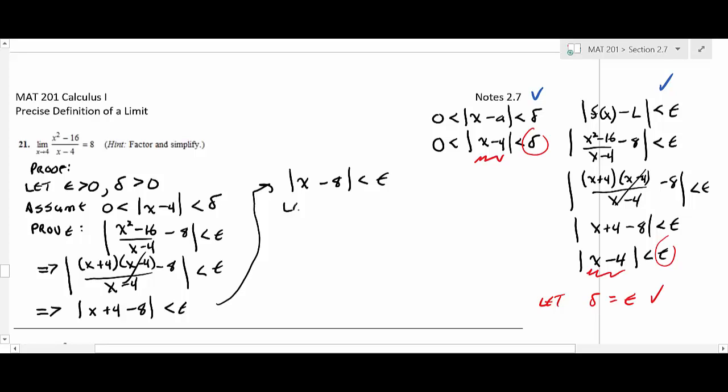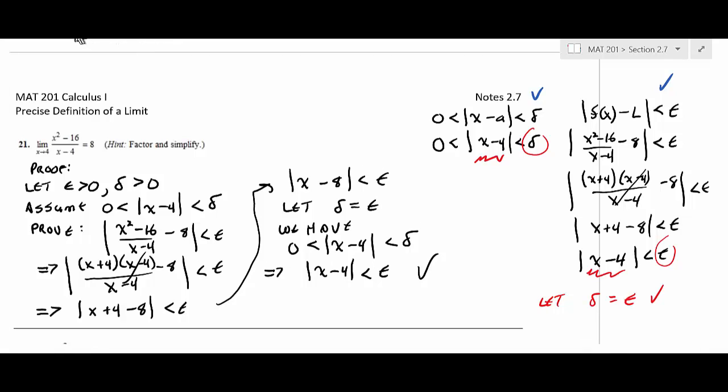So then what you would say is, let's let delta equal epsilon, and then we can say we have, from our assumption, 0 less than the absolute value of x minus 4 less than delta. So therefore, we would have the absolute value of x minus 4 less than epsilon, and that's what we were trying to prove anyway, okay? Now I did make one mistake in writing my proof.